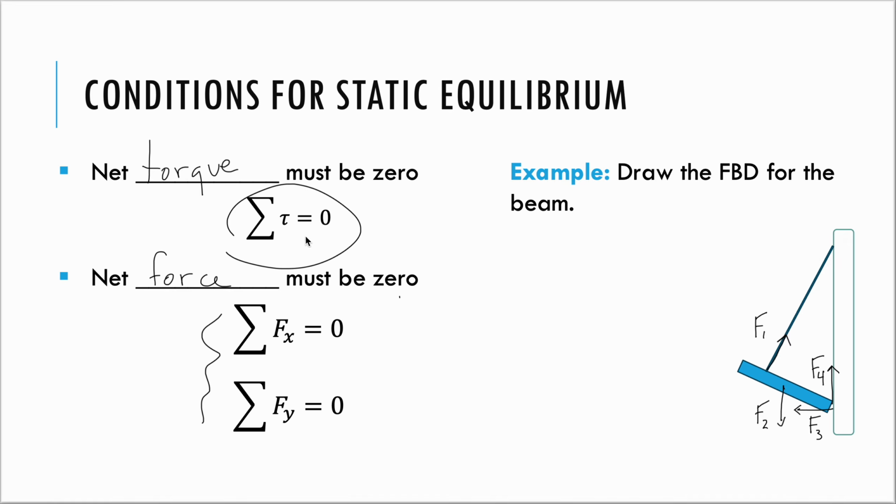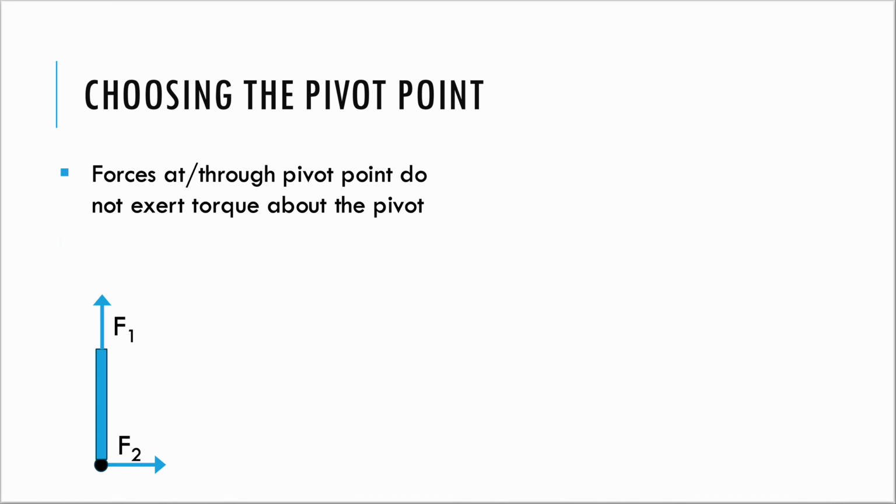But let's take a look at how to use the first equation, net torque is equal to 0. To use this equation, we need to be able to choose the pivot point because all torques are measured relative to a pivot point. So it's important to know that forces at or going through the pivot point do not exert torque about the pivot.